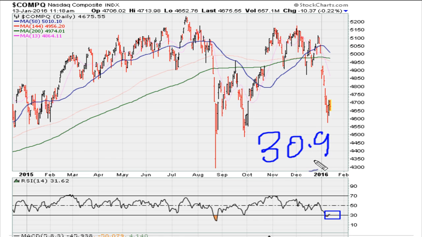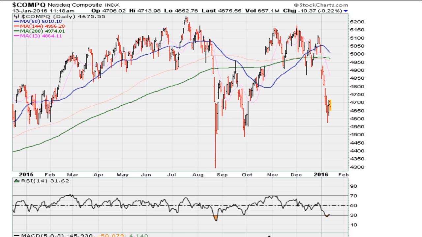So if it can hold above 30.9, there's a chance for a continued move after these lows here. If it starts moving back below 30.9 and stays below that for a day, a couple of days or so, the issue is that the more it stays below 30.9, the more the bounce on the weekly will not take place. But right now we are looking at a healthy bounce above 30.90.